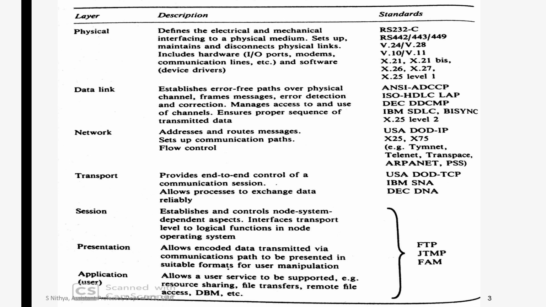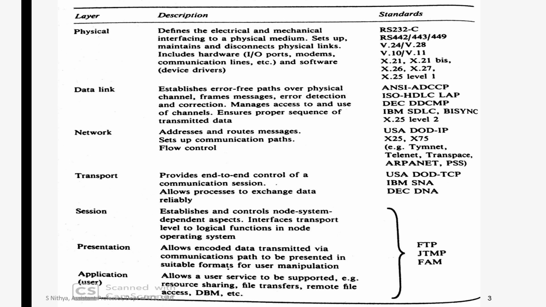The next is the session layer. The session layer establishes and controls the node system dependent aspects, and interfaces the transport level to the logical functions in node operating systems. The presentation layer allows the encoded data transmitted via the communication path to be presented in a suitable format for user manipulation.